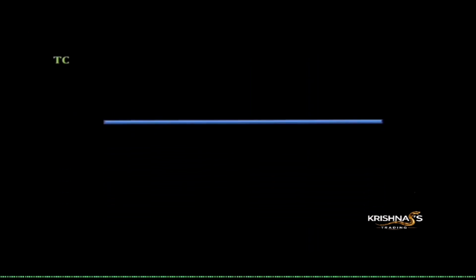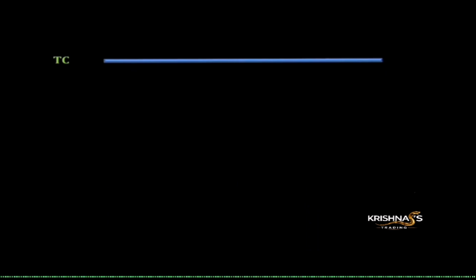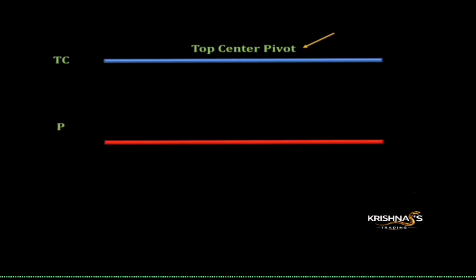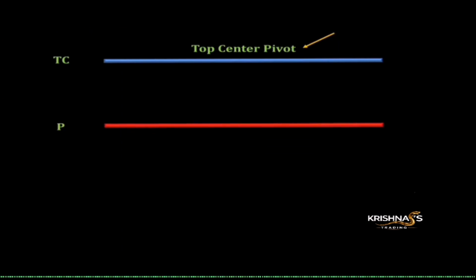The CPR is divided into 3 lines. The first line, at the top, is called the top central pivot line. You can call it TC or TCP. The second, or middle line, is called the central pivot or pivot. This is a major line. This is a very important line in the CPR.